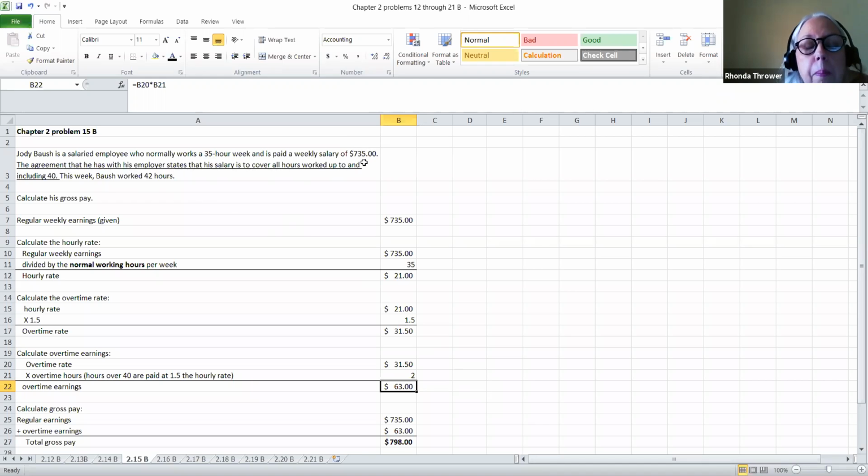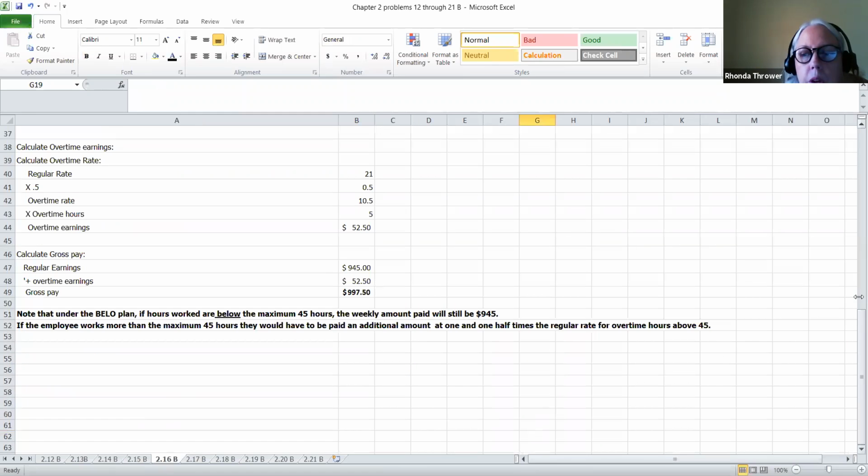But anything above 40 hours, he has to be paid time and a half. So to calculate his gross pay, we're going to take his regular earnings, which was given, $735 up to 40 hours. Then we're going to add the overtime earnings to that to get his total gross pay.